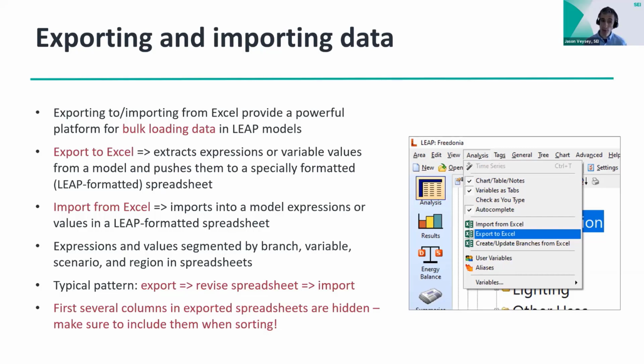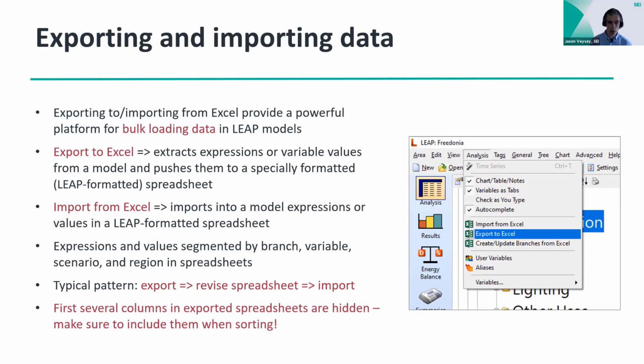And then if you have a LEAP formatted spreadsheet, you can import expressions or values from that spreadsheet into your LEAP model. And when you put these two things together, they become a very powerful tool for bulk loading data into LEAP models. That could include bulk loading of expressions into LEAP models.